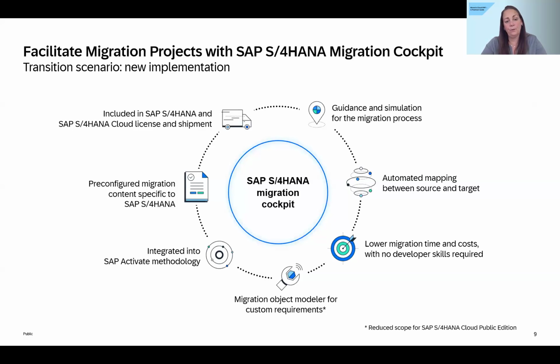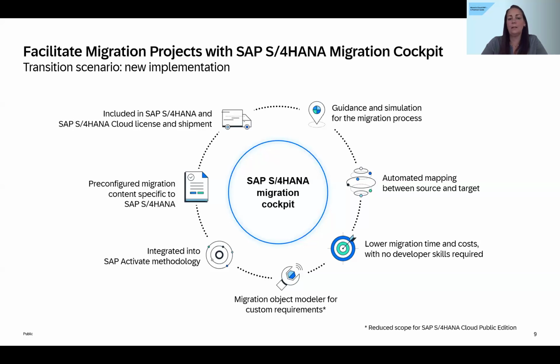And this is so important because here we have a related functionality delivered with your SAP S/4HANA cloud license and shipment. This means it is included, and as soon as you have your system up and running and your CVC configuration done, you can start with the Migration Cockpit directly.